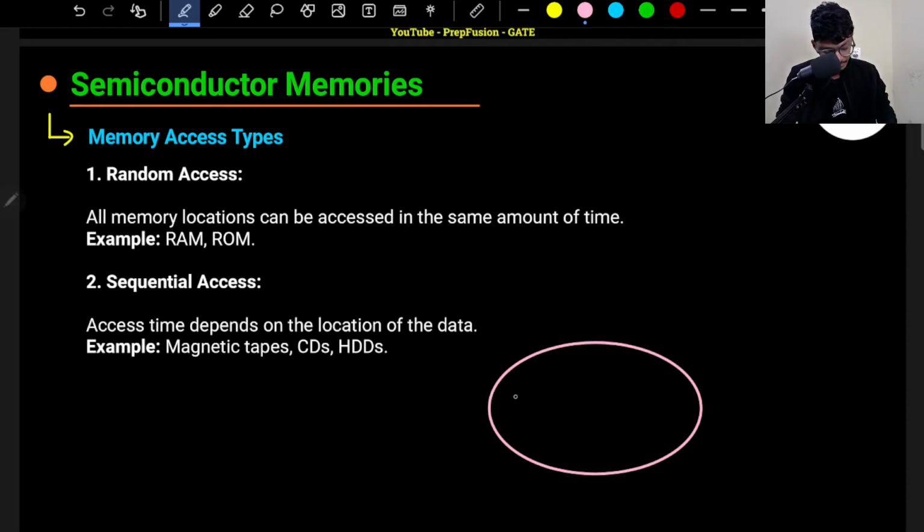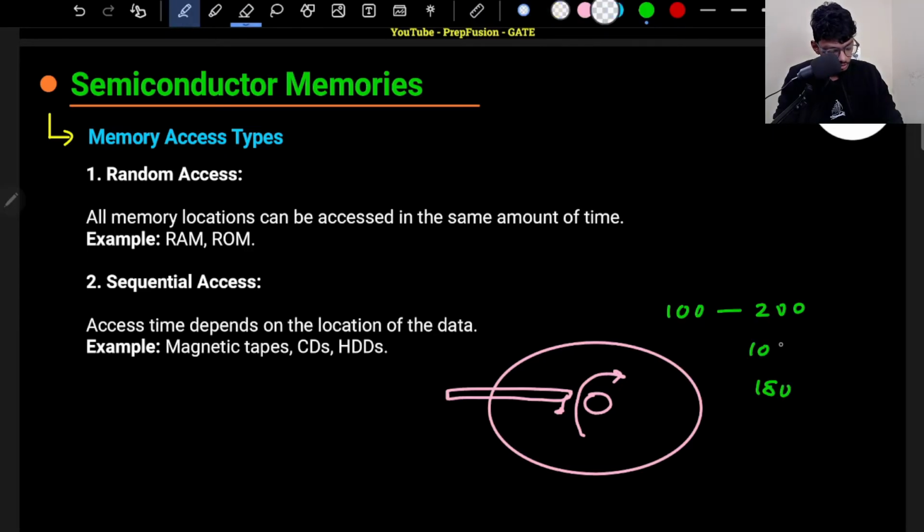In CDs, I don't exactly remember the name of this particular handle, but it used to touch the CD, and the CD used to rotate. Let's say I have addresses from 100 to 200. If I want to access memory location 180 and memory location 101, the access times will be different.